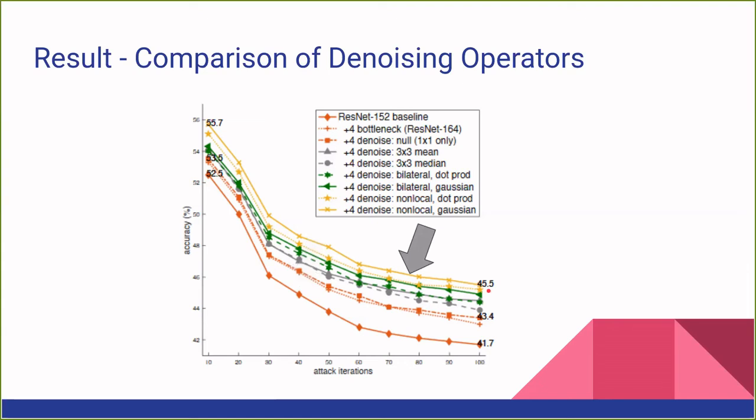The one that performed the best was the non-local Gaussian, which had the peak accuracy at 55.7 at 10 iterations, and at worst 45.5. But if you look here, the dot product version, while requiring fewer parameters, only had a slight dip as compared to the Gaussian version.